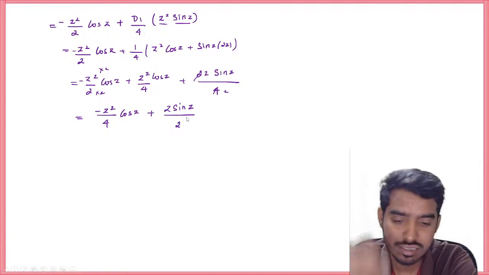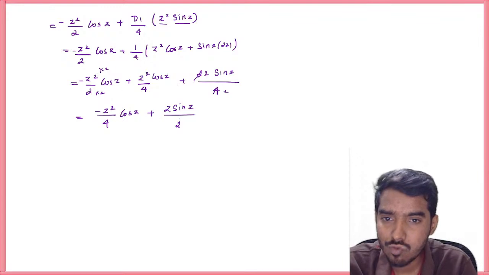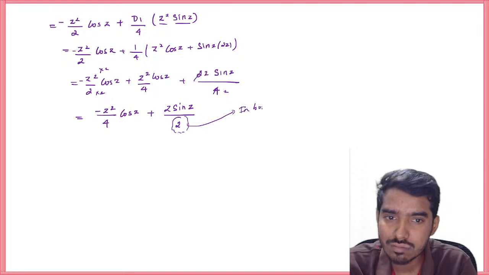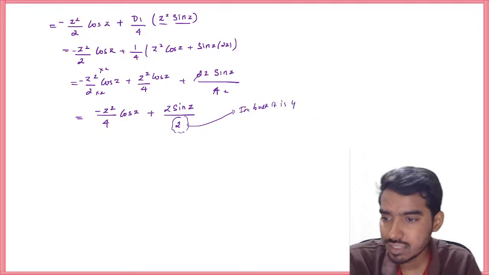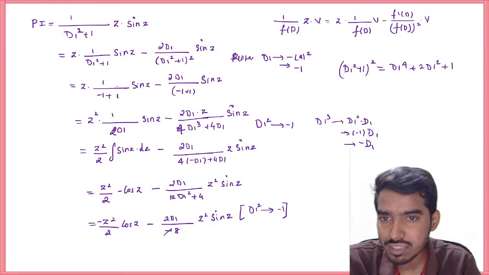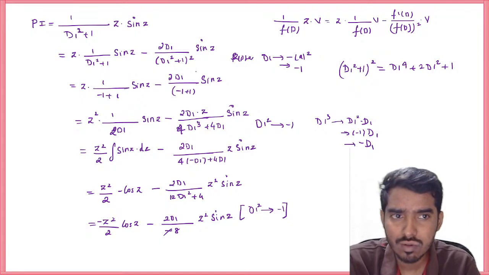So just check once. Here we have 4 in the book, right? If you are getting 2 also, it is correct only. In the book it is 4 here. So you just do this once again, right? I don't know whether I have made a mistake or not. 1 by f of t into b minus f dash of t whole square. f dash of t is 2D1 divided by f of D1 whole square.